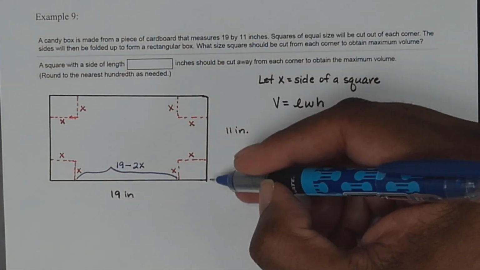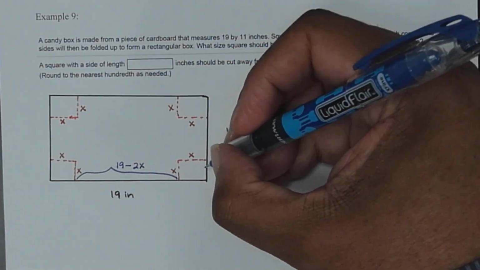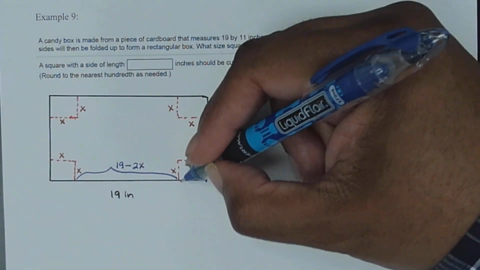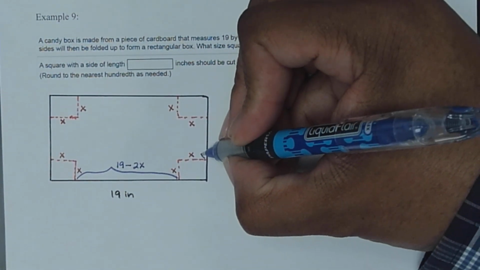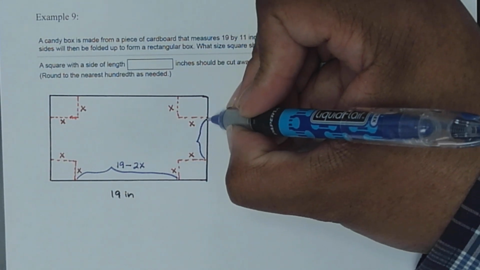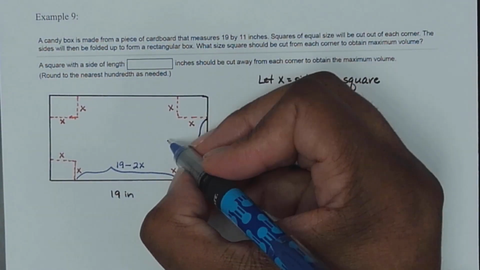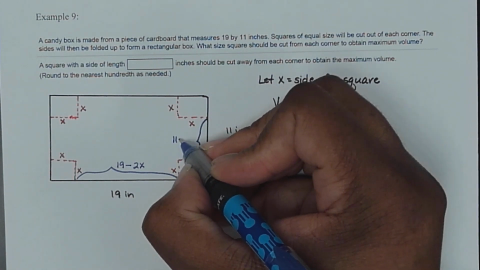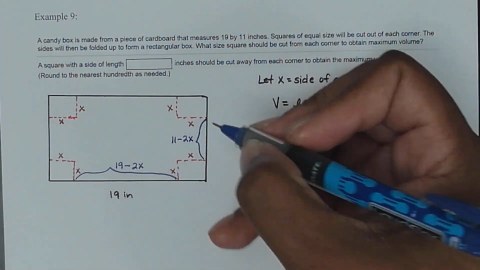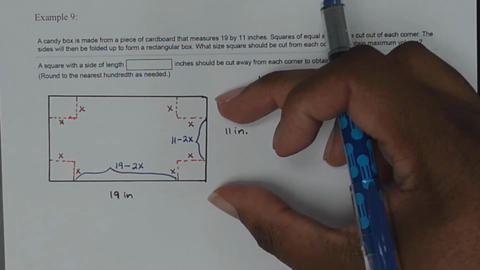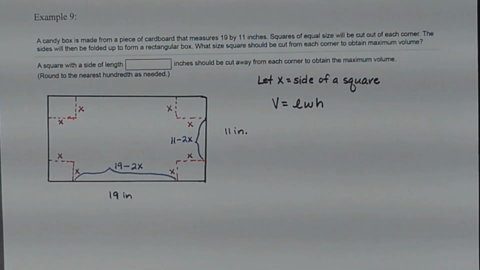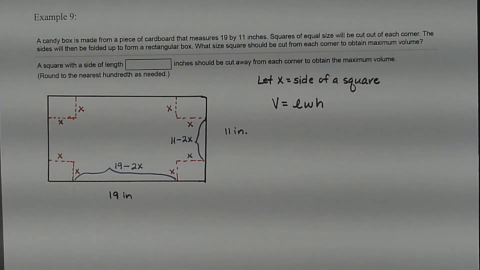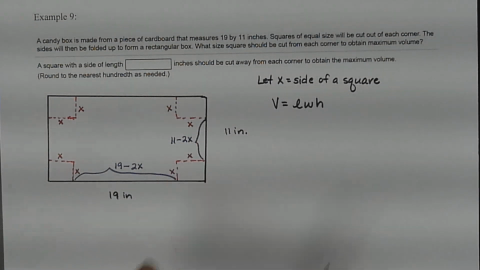Now for the width, which is 11 inches, an X and another X were cut off, that's two X's that were cut off. That means that this length right here ends up being 11 minus 2X. And of course, the height would just be the X itself when you fold that box up.